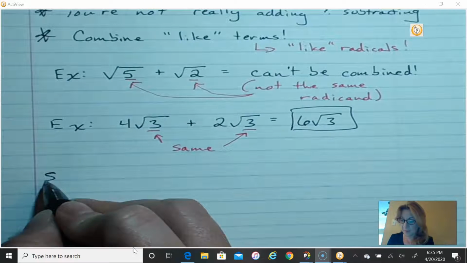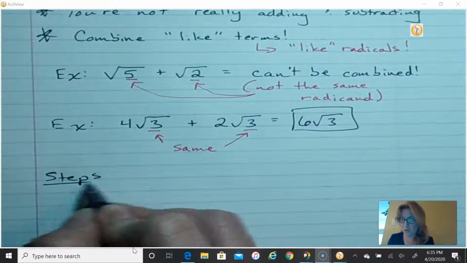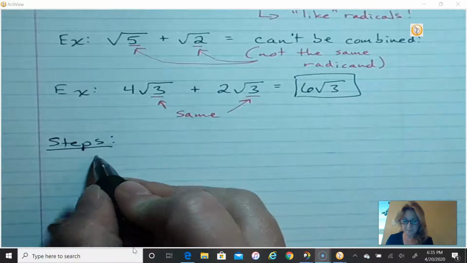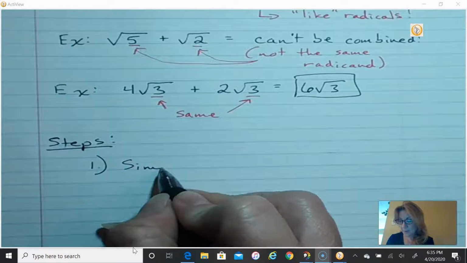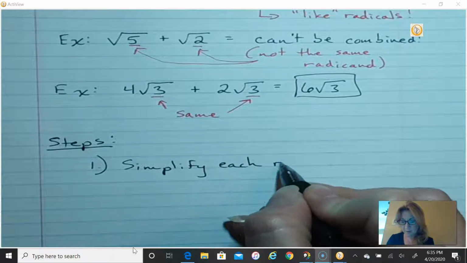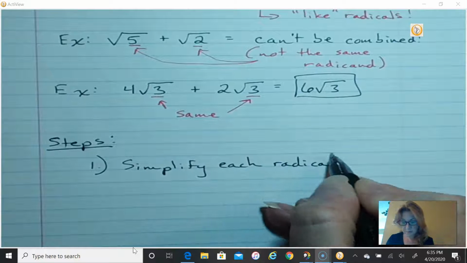Okay, so steps on how to do this, because you know they're not all going to be that easy. All right, so step 1, simplify each radical.